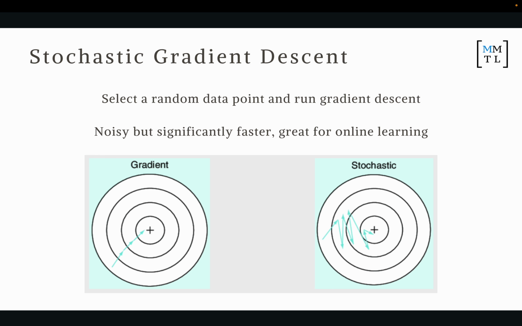But if you're running a website, you're getting new data constantly and learning from it. Online learning is really great for this because you don't get batches of data at once; you get data one at a time, every time a user clicks on your website, for example. That's a single data point you can train on, and then you just keep going. So that convergence happens in a very noisy way.